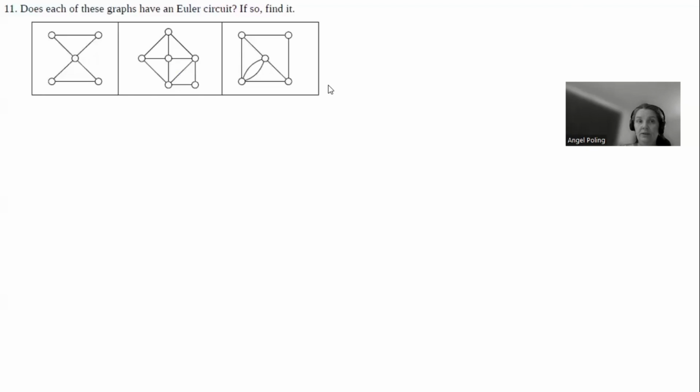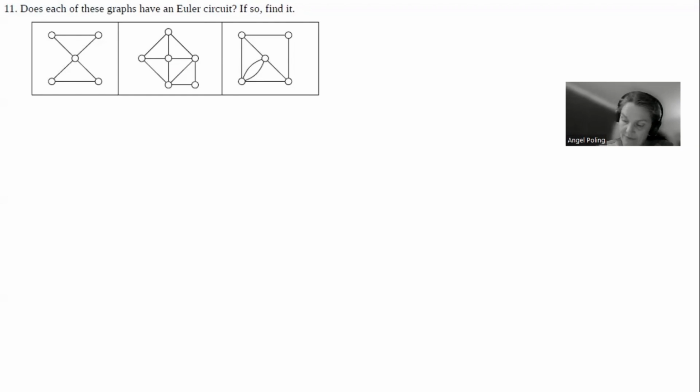In 11, we have: does each of these graphs have an Euler circuit? If so, find it. So for an Euler circuit, we wanted to draw every edge without lifting your pen and without drawing an edge twice. We had a rule that if every vertex was even, then we could have an Euler circuit.